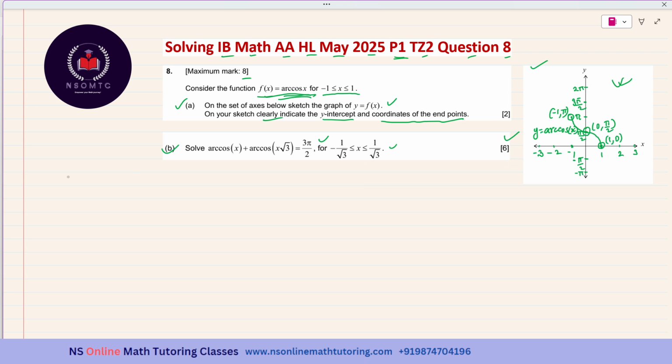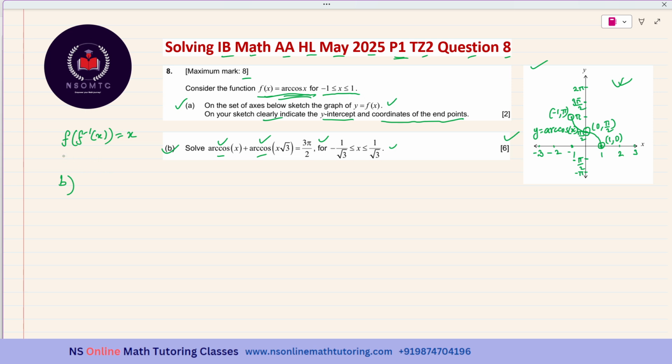So it is a trigonometric equation, but the problem is with these arccos functions. So we should be trying to get rid of these two arccosine functions. How can we do that? We know that f of f inverse of x is equal to x.